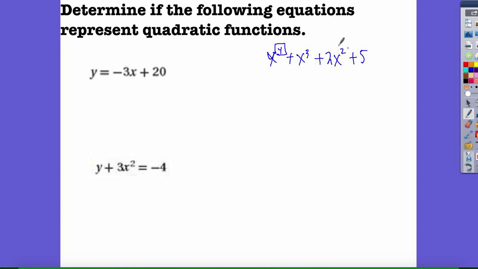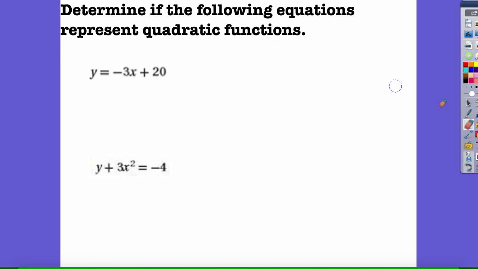The highest exponent has to be a 2. So no matter how it's rearranged, if I can put it in standard form of order from greatest to least, and the highest degree, the highest exponent here is 2, then it's quadratic. If not, then it is not quadratic.